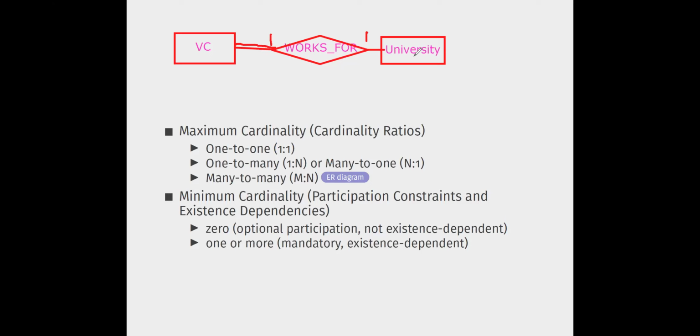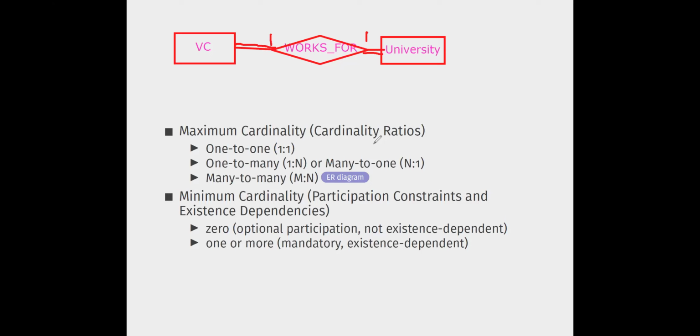So assuming that, in general, all universities have somebody taking care of the administration part, which we call the vice chancellor, we can put a double line. But remember, these are arguable, and as a designer you have to make the decision. If somebody puts a single line, that is also correct.